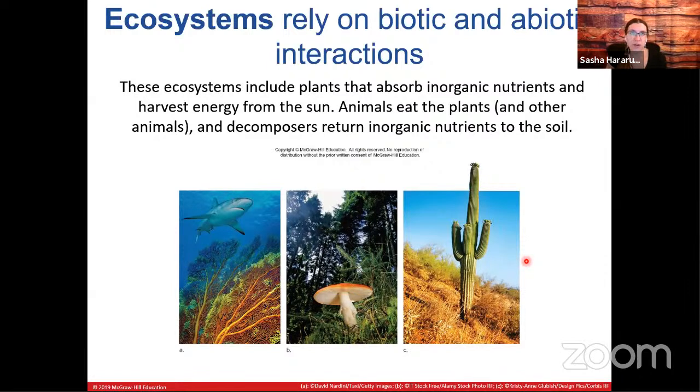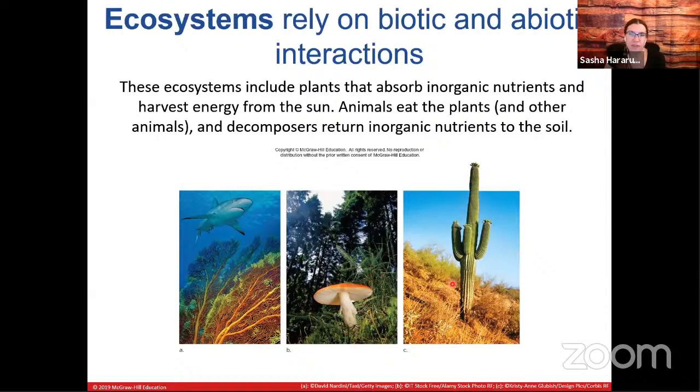Now, apart from these three examples of natural ecosystems, ecosystems are not always natural. We create our own ecosystems, and a very prominent example of that is farms. The ecosystems that are created by people often rely on external nutrients. They cannot support themselves. They need external intervention in order to keep existing.